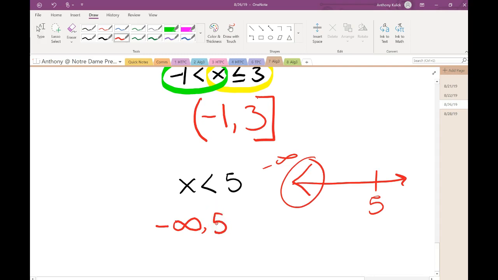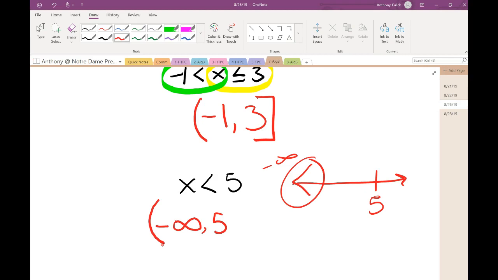Okay. Is negative infinity an actual number? Is that something that x can equal? No, right? All infinities are not actual numbers, whether you're talking about a negative infinity or a positive infinity. They're always going to have a parenthesis. Since they're not actual numbers, they're never actually included in our set.